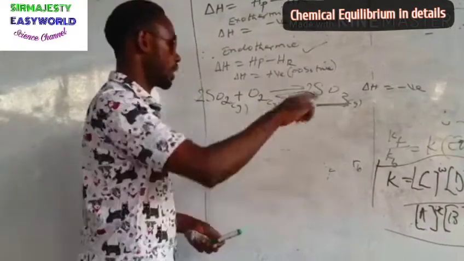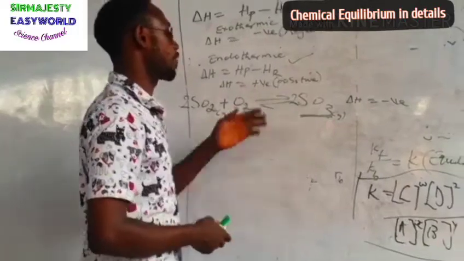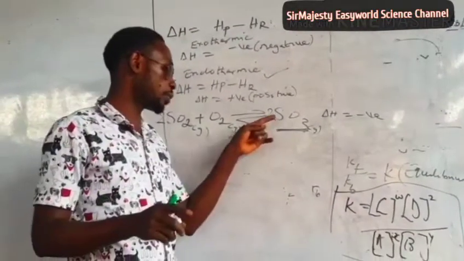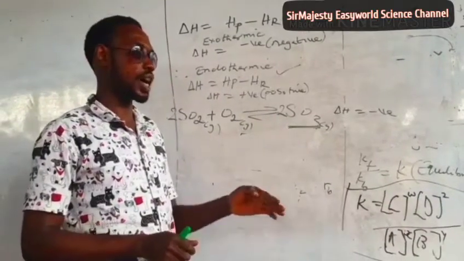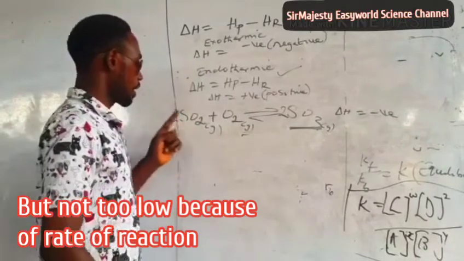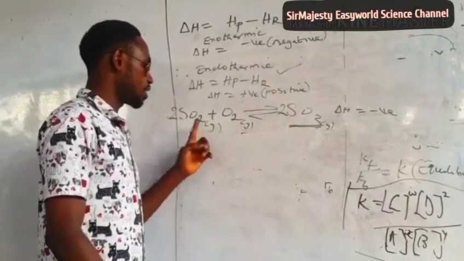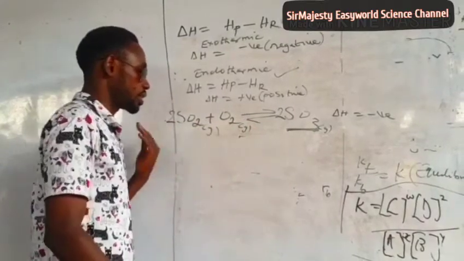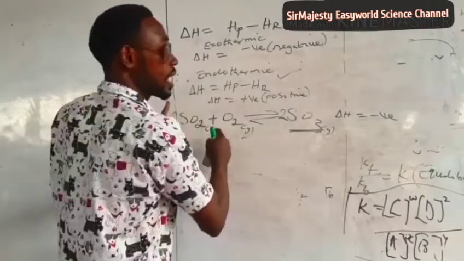So, in the contact process, increasing the temperature disfavors the product required. That is, it causes low yield of the product required, SO3. Then you are advised to lower the temperature. Summarily, in the contact process, as you see here, increasing the temperature of this system shifts the equilibrium to the left hand side.